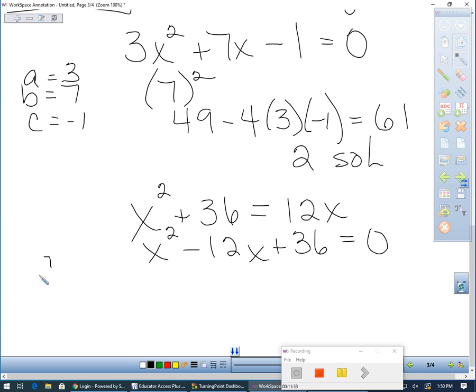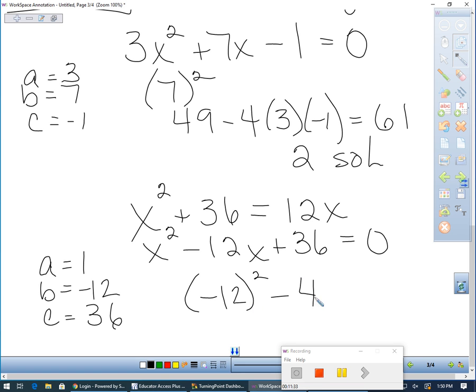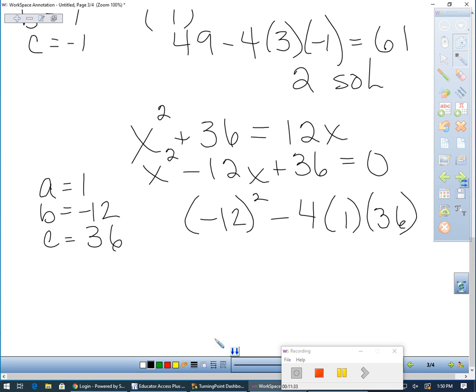All right, so my a value is good, my b value, and my c value. Good. So we have b squared, or negative 12 squared, minus 4 times 1 times 36. We get 0. What does 0 mean? One solution. Nobody get tricked there and say 0 means no solutions. It means one solution. Okay?